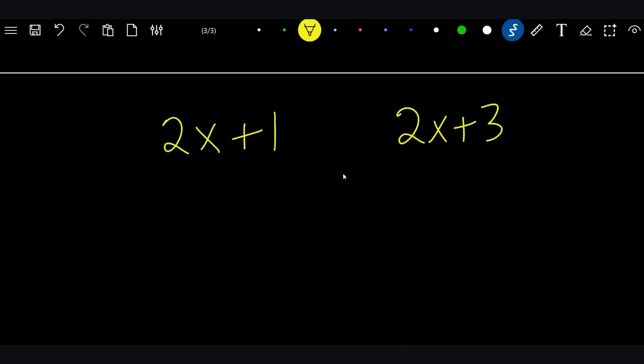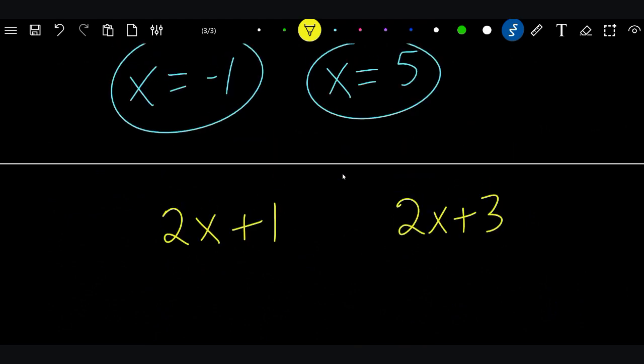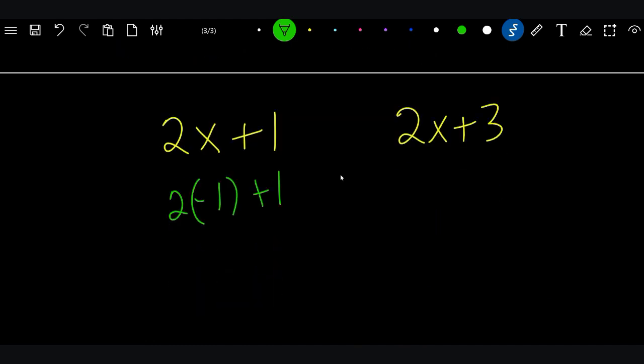Well, what we would do now is take our numbers and plug those in. So let's plug in -1 and see what we get there. That gives us -2 plus 1. What is -2 plus 1? -1. Okay, so -1 is a solution. Now watch what happens when we put the -1 in over here.